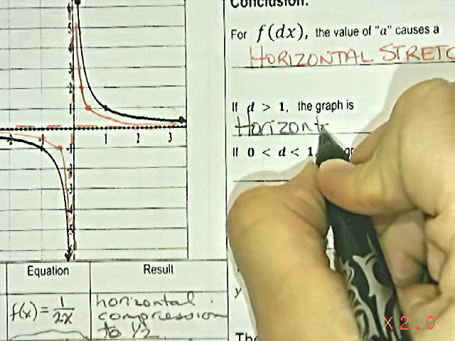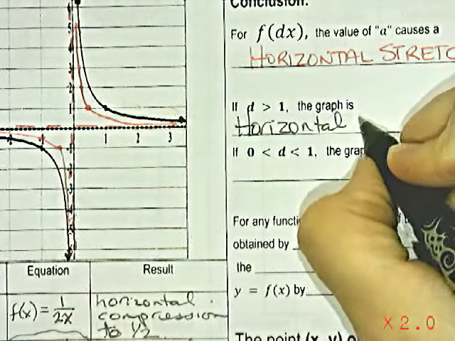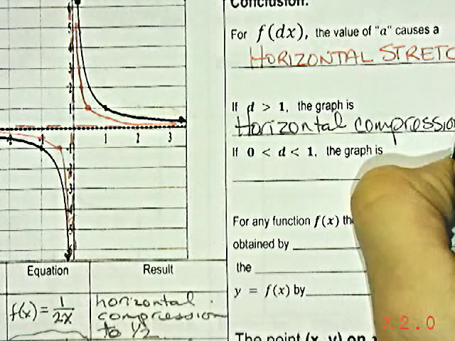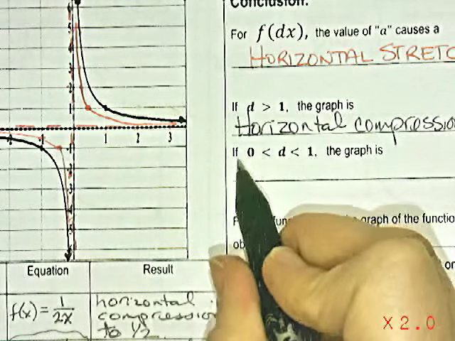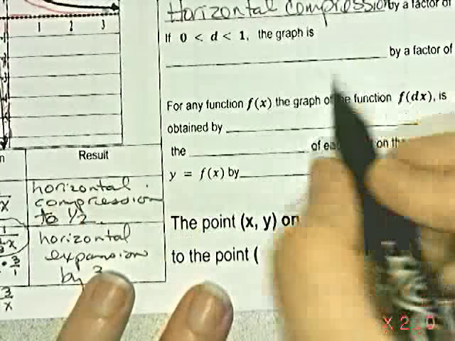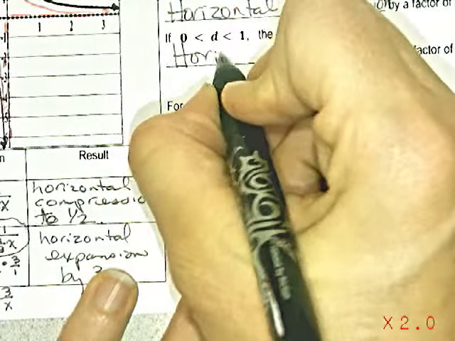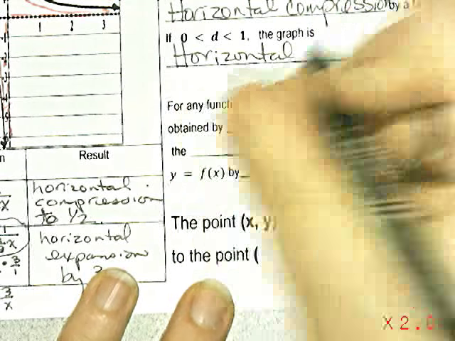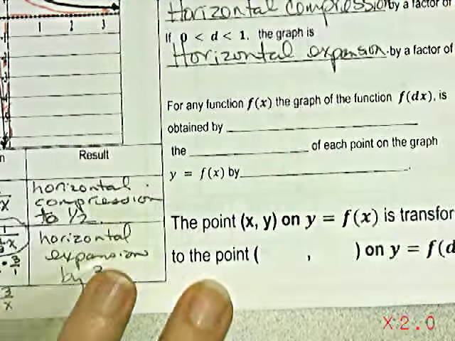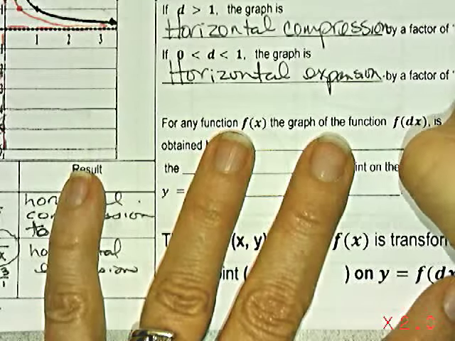Horizontal always does the opposite of what we think. Horizontal compression. If our d value was a fractional value, then that caused a horizontal expansion. By a factor, oh, we should say factor of d. I should change that.